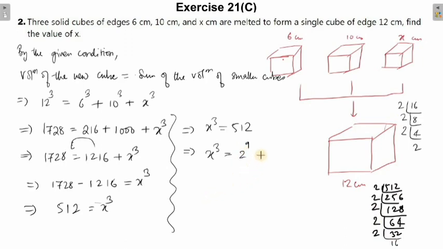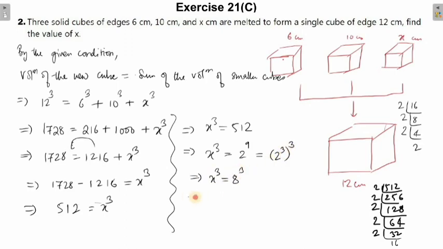Or else, since you want to find the cube root of this, you can write this as 2 cube whole cube, isn't it? So x cube equals 2 cube, which is 8, so it is 8 cube.